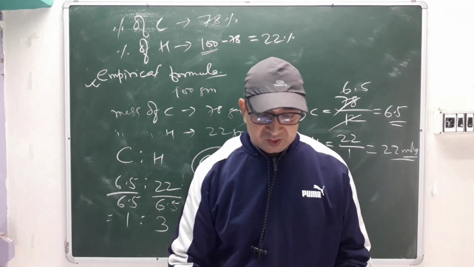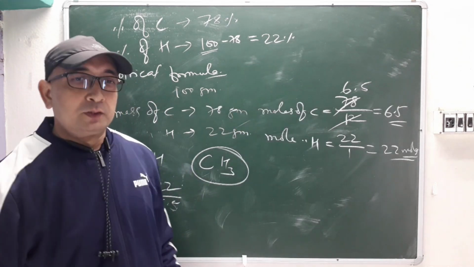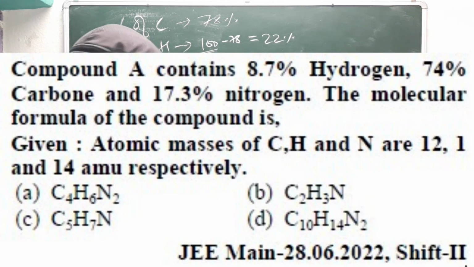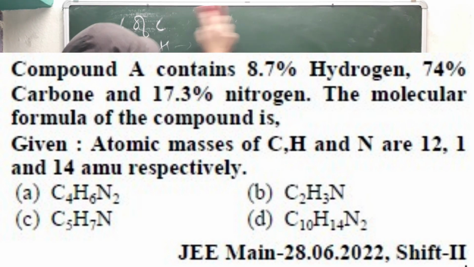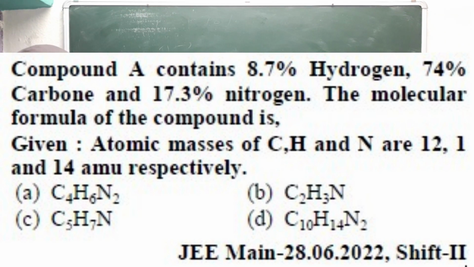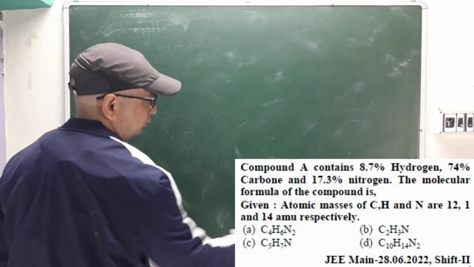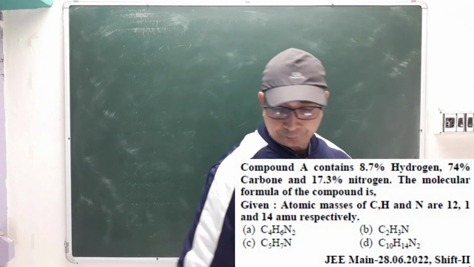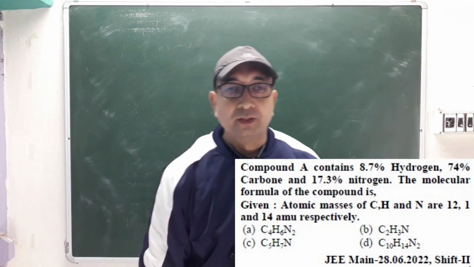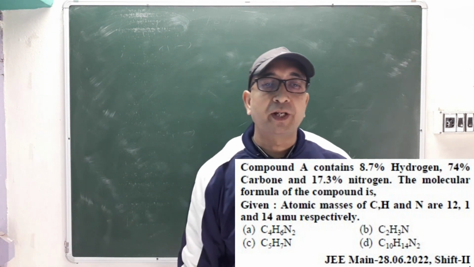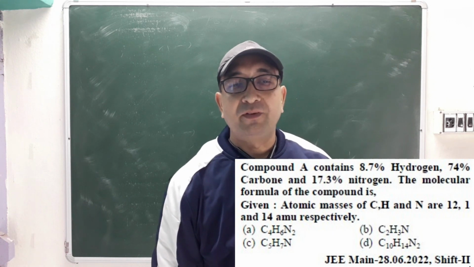So now the next question we will see. You see the question by the time I rub the board. Okay, so what they are asking: compound A contains 8.7% of hydrogen.